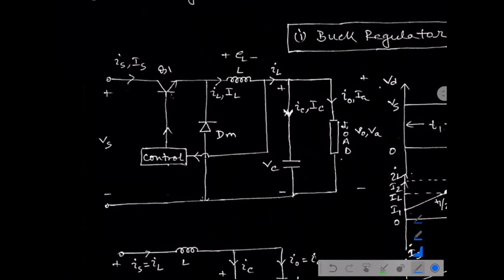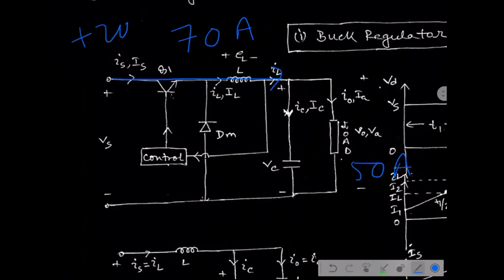The current across the load is always maintained at the fixed value of 50 ampere, so the additional 20 ampere excess current flows through the capacitor.